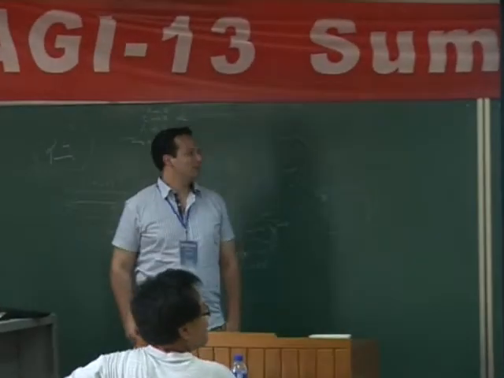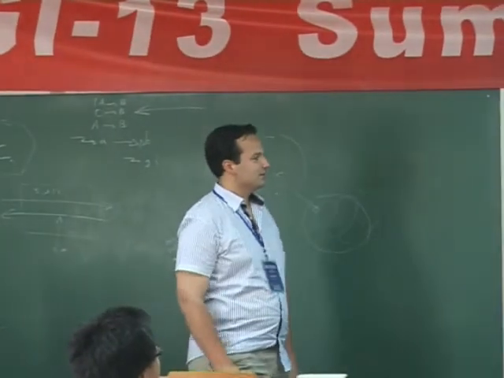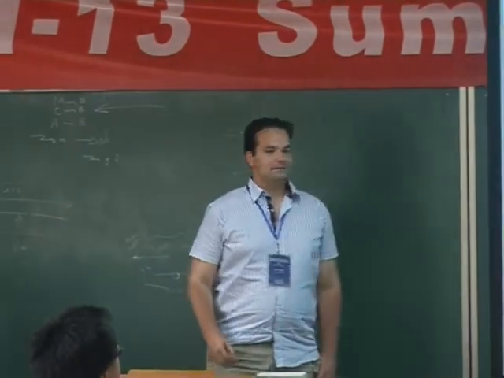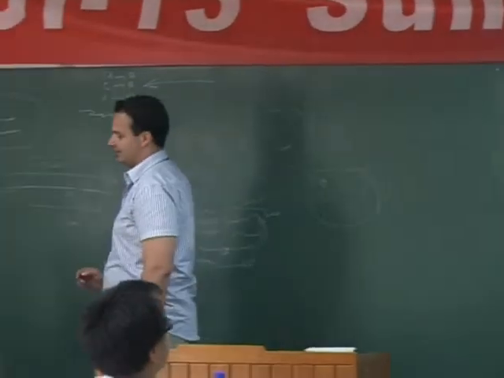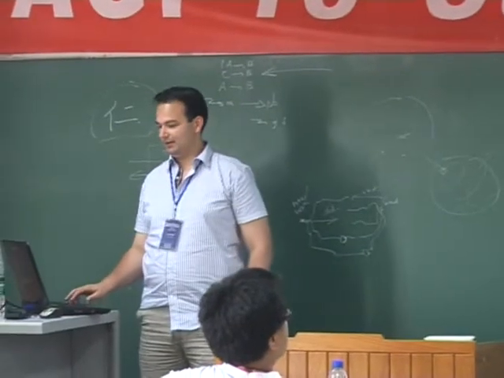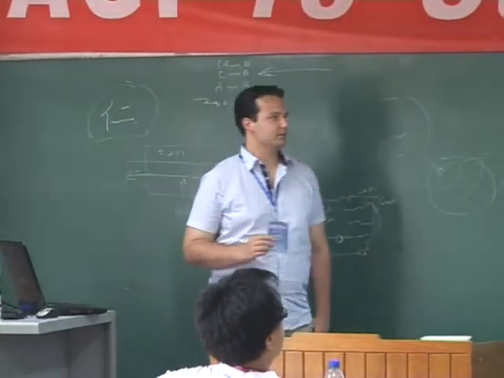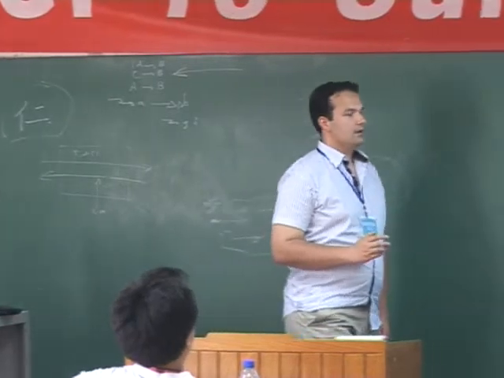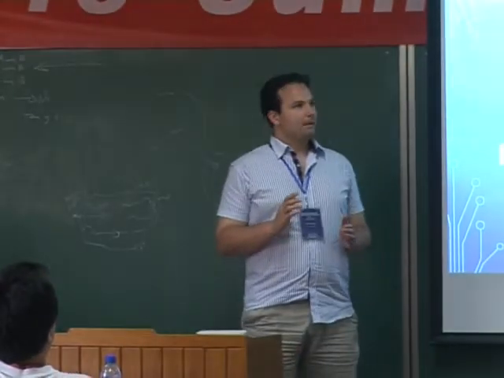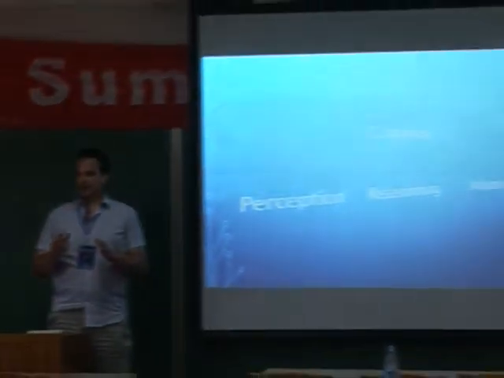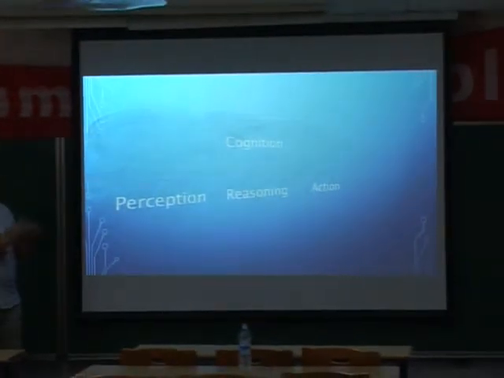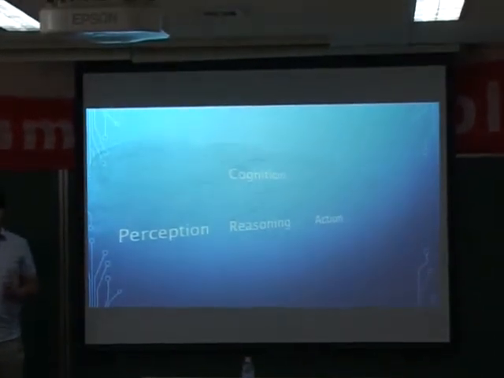Okay, so I'm going to talk a little bit about perception in AGI systems. So far we have been mostly talking about the reasoning part of these systems, but I think there's more to it. Sometimes cognition is used to contrast against perception and action.